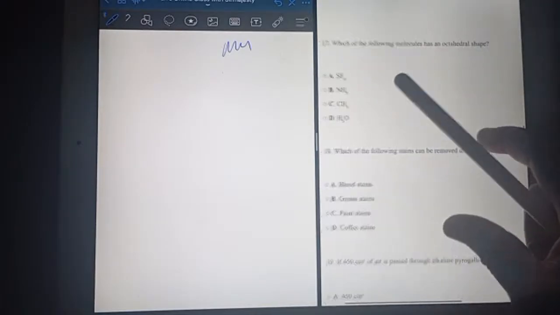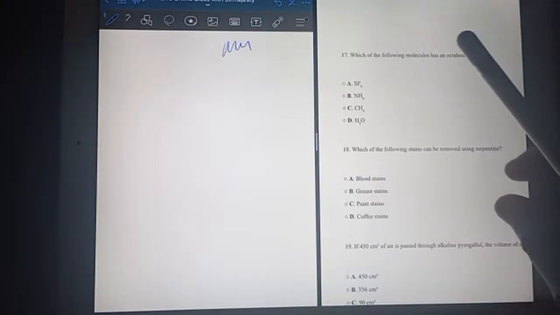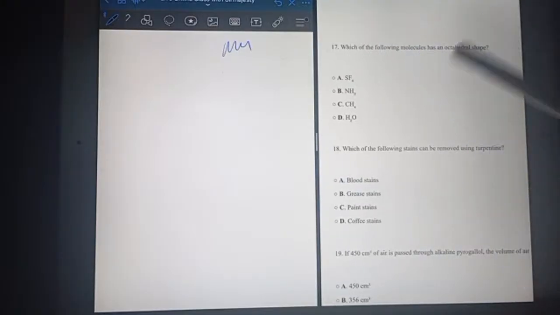Water is bent. So watch my video on molecular geometry to see more of the other shapes and the reasons why they exhibit what they exhibit.